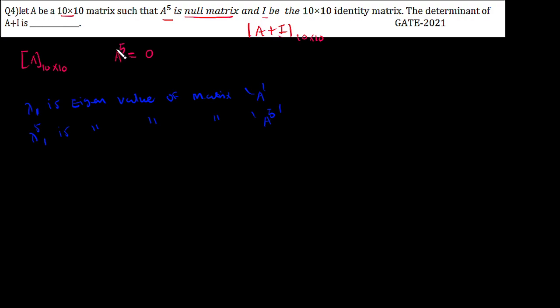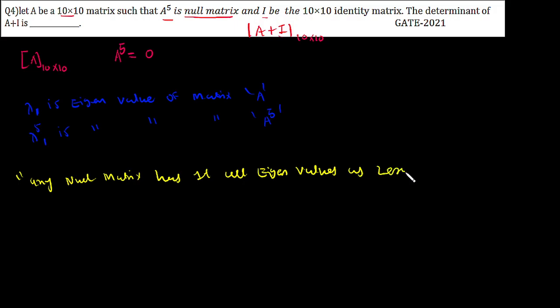Now on the right hand side we have a null matrix, and the null matrix has a property: because all its entries are 0, all the eigenvalues of any null matrix are 0. So this is the property for any null matrix.